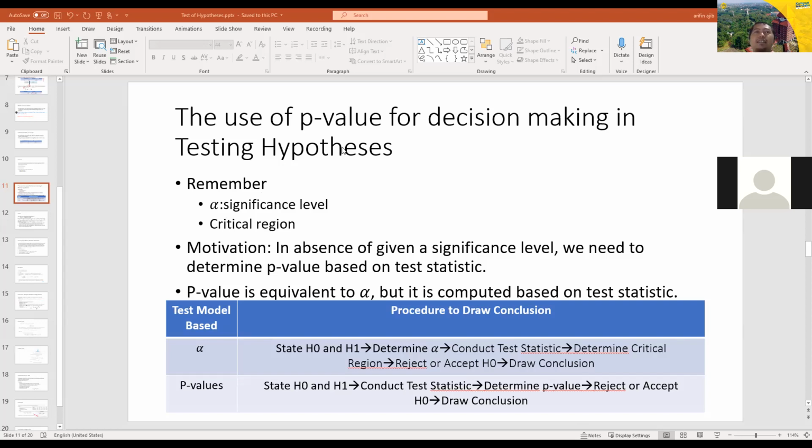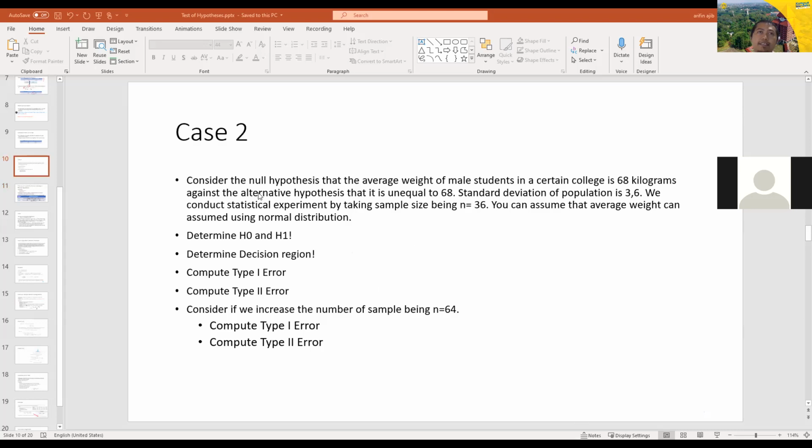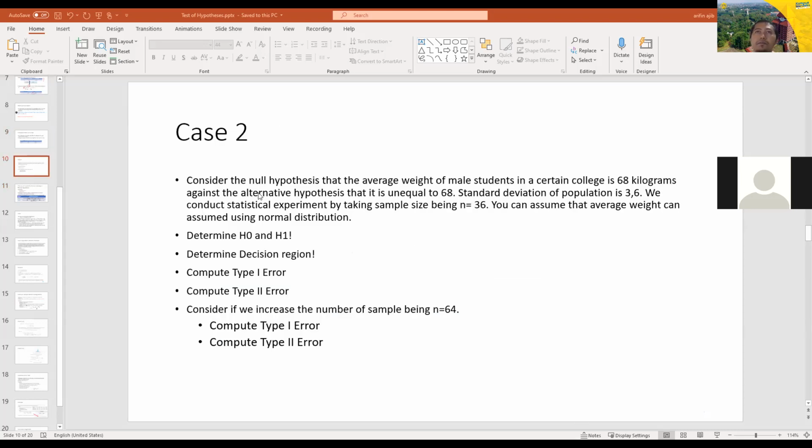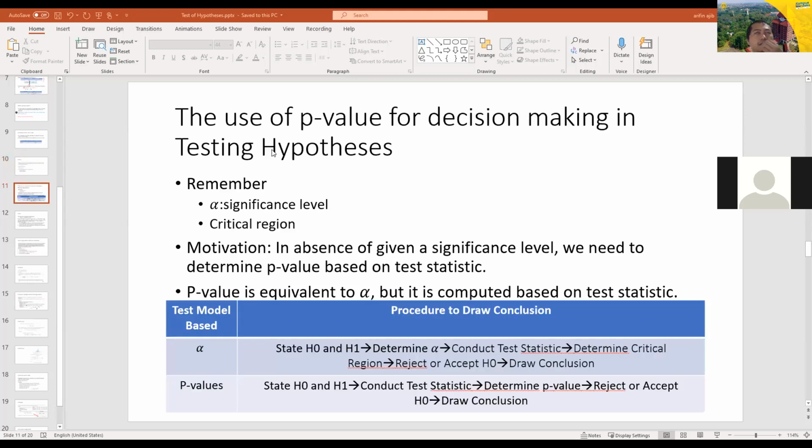Last time we discussed this case, and now we continue with a new topic: the use of p-value for decision making in hypothesis testing.